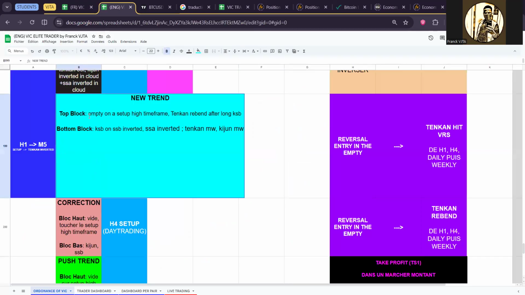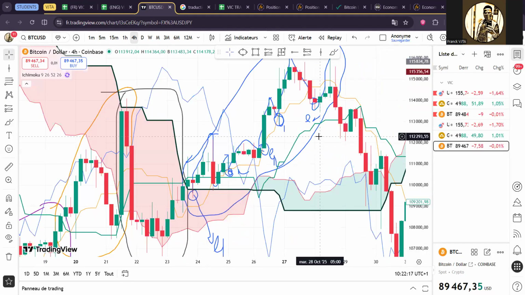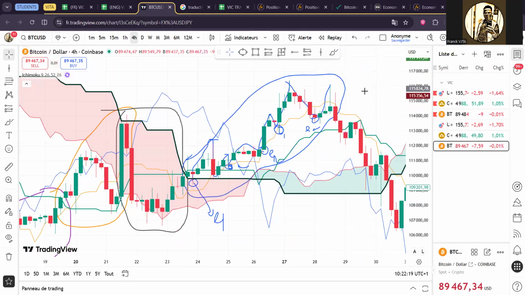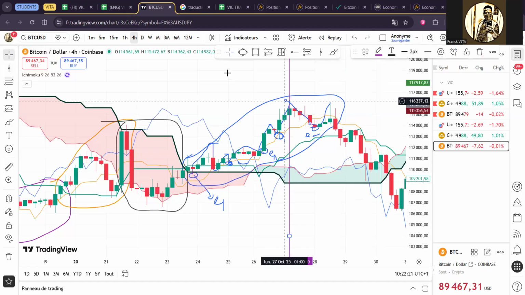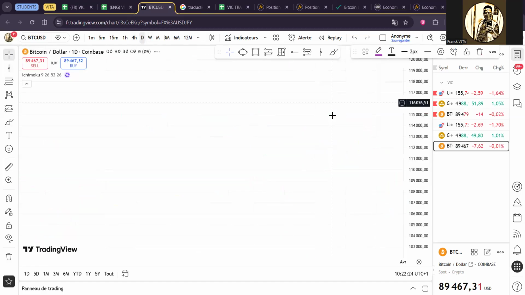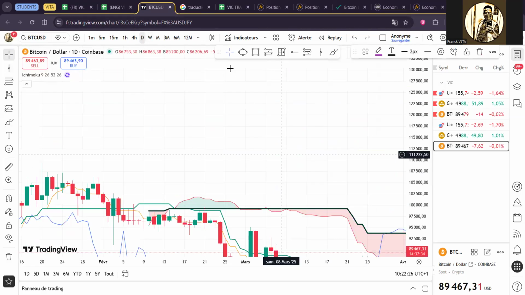Now, what are the tops? The tops are the empty space that can touch also a higher time frame setup. So let us look at this level. Did we have a higher time frame setup at this level? Let us look at daily.